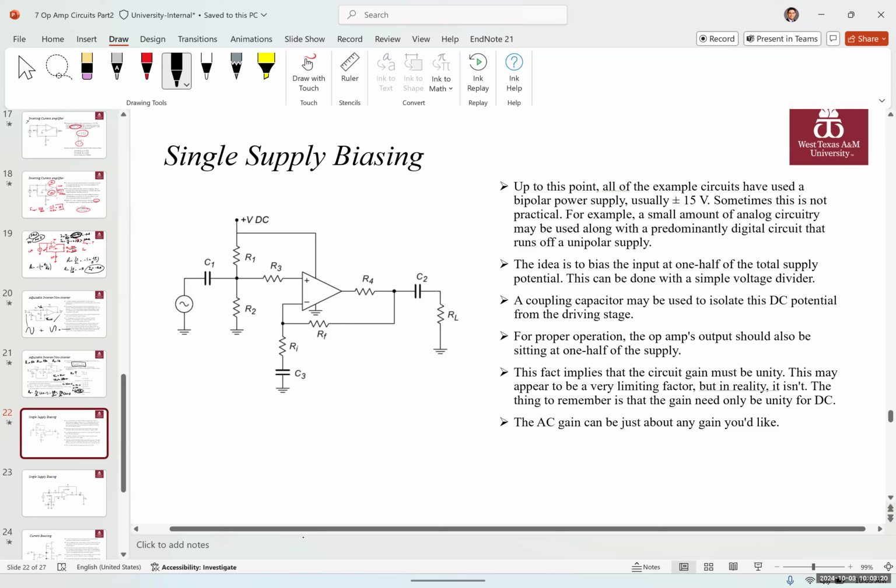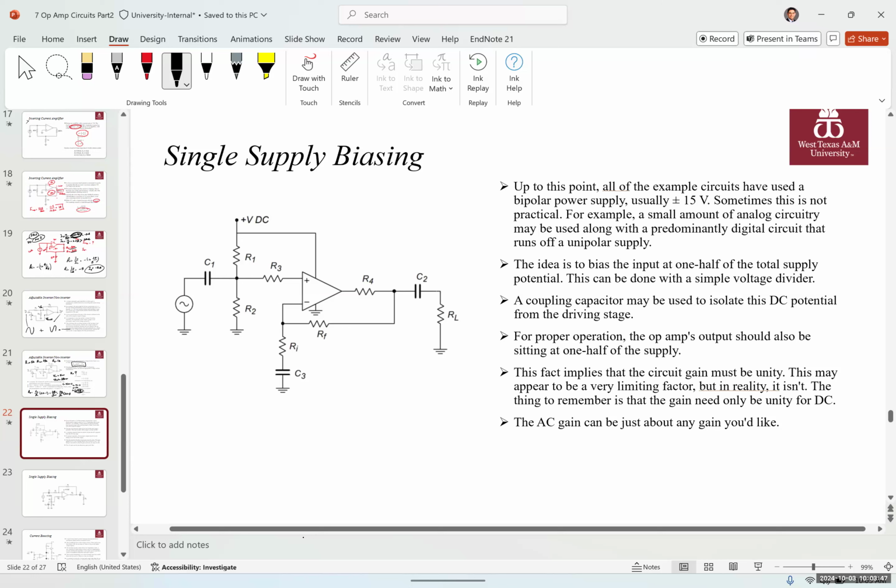So another type of op amp is called a single supply biasing op amp. This op amp is used when we don't have access to dual power supplies, like an outlet power supply or a DC power supply.